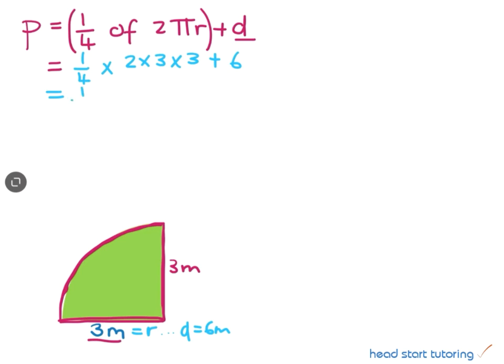Right, and we end up with a quarter of, or multiplied by, 2 times 3 times 3, which is equal to 18 over 1, and then we plus our 6.